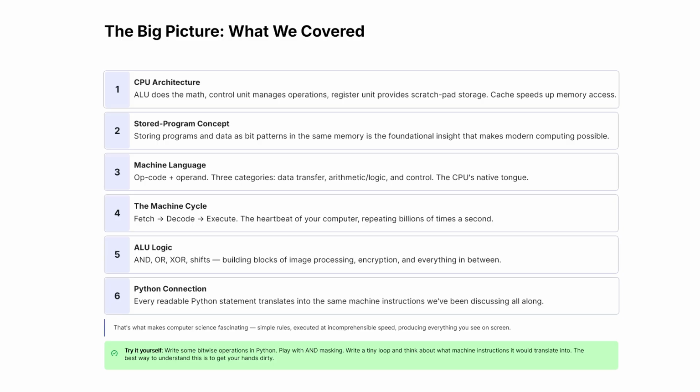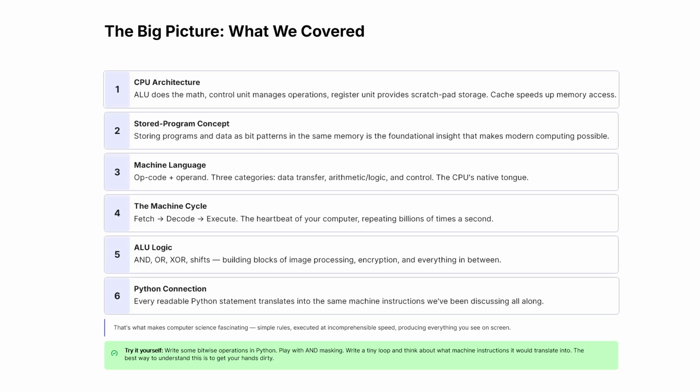The machine cycle, fetch, decode, execute, is the heartbeat of your computer, repeating billions of times a second to run every program you use. The ALU performs not just arithmetic, but logic operations, AND, OR, XOR, shifts, which are the building blocks of everything from image processing to encryption.